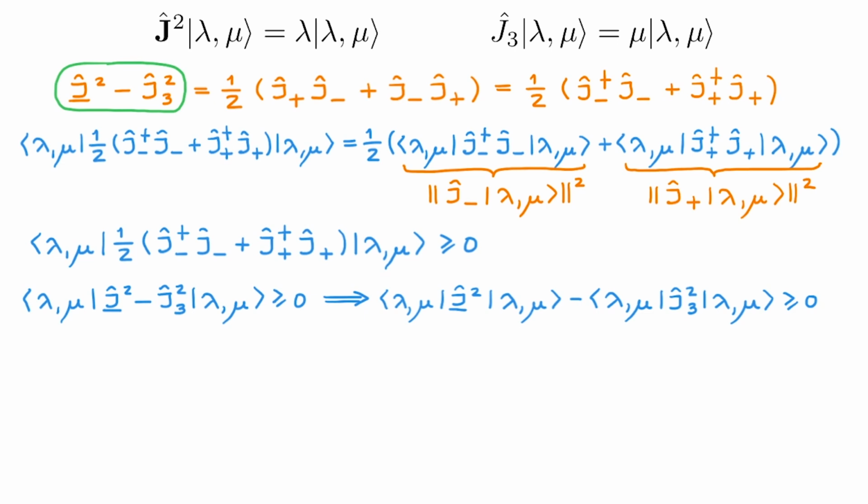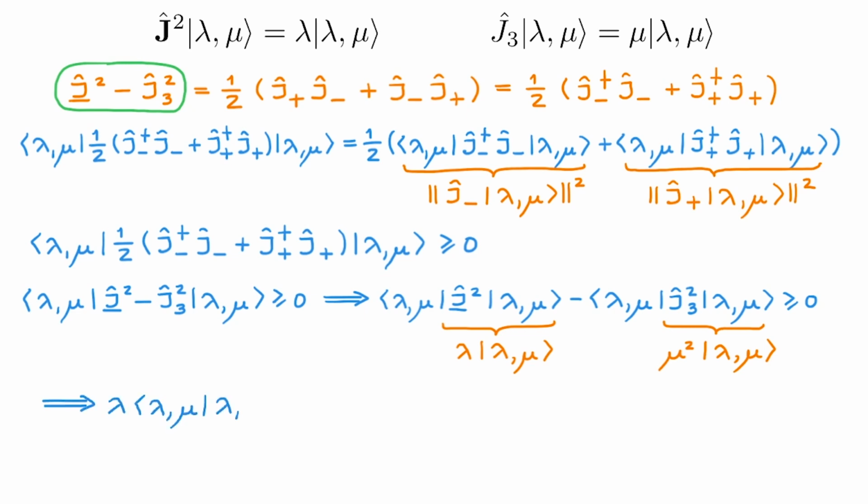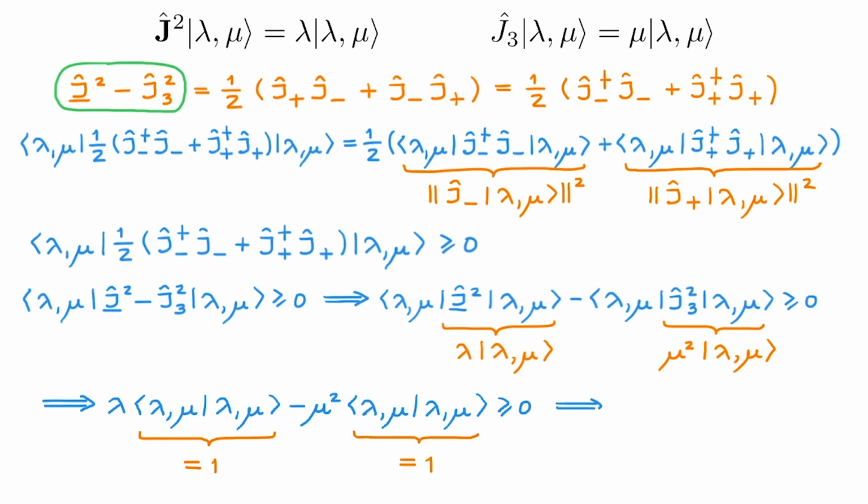We can now use the eigenvalue equation for j squared here, and the eigenvalue equation for j3 twice here, and we end up with these two terms. This bracket is equal to 1, and so is this one. So that overall we get that mu squared is smaller than or equal to lambda.